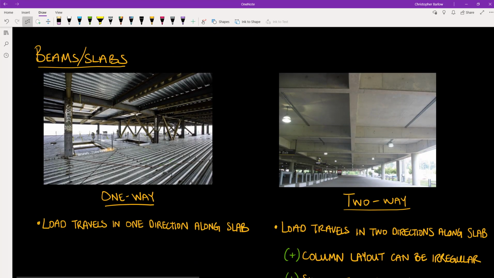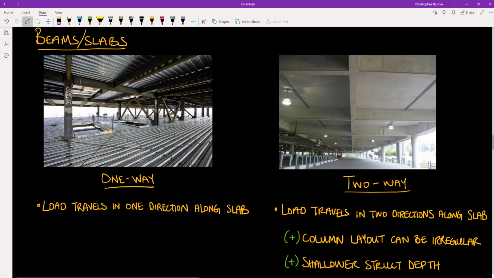Now let's move on to beams and slabs. And this is where the discussion gets a little more complex, because there are a lot of different ways of designing beams and slabs in concrete, and a lot of different concrete systems. So first, we need to differentiate between one-way systems and two-way systems.